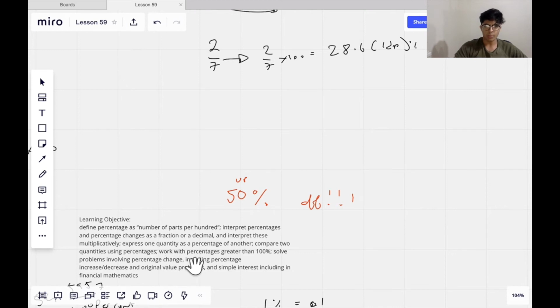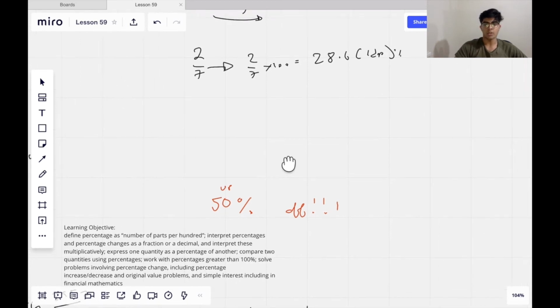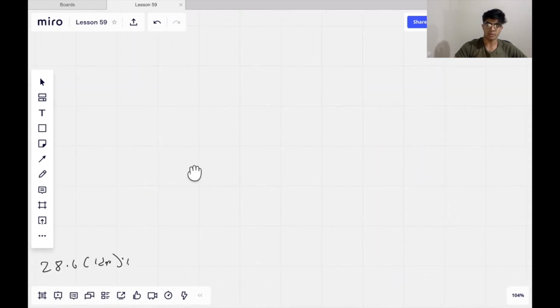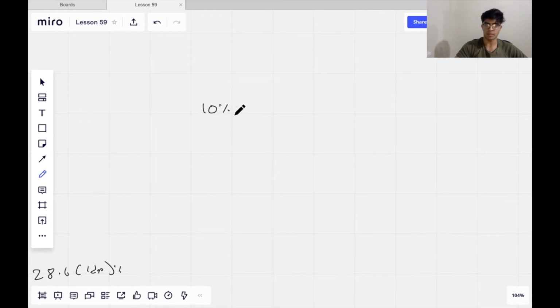Okay, working with percentages greater than 100. If something increases, so we have a positive percentage change, for example a value increases by 10%, say we go from 10 to 11, this is a percentage change of 10%.